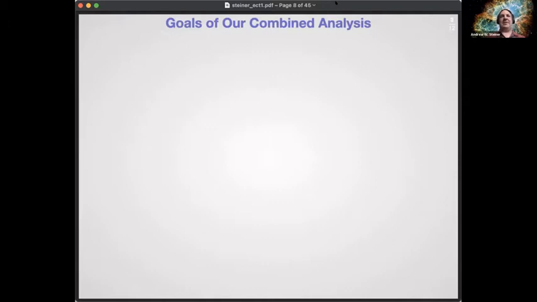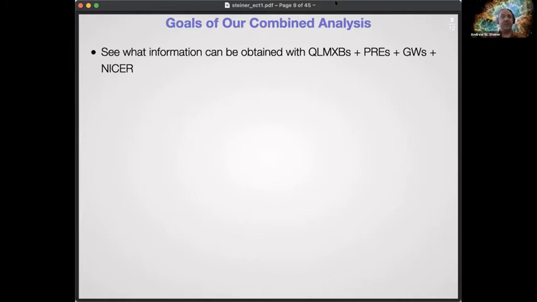So with that introductory material, I wanted to talk about the goals of the combined analysis that Mamoun and our collaboration did, and also the goals of this talk. We wanted to see what information can be attained on the neutron star mass and radius curves, and also the equation of state, with as big a data set as we could. That includes quiescent low mass X-ray binaries, photospheric radius expansion X-ray bursts, and NICER, which are all electromagnetic constraints on neutron star structure, and then gravitational waves.